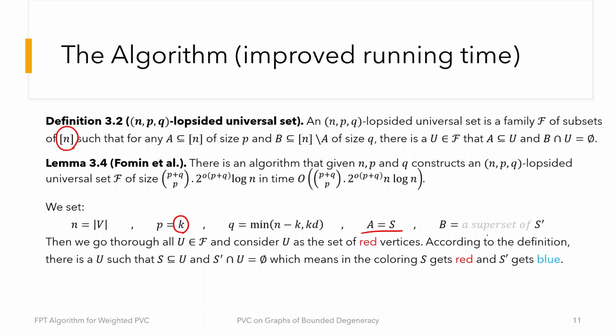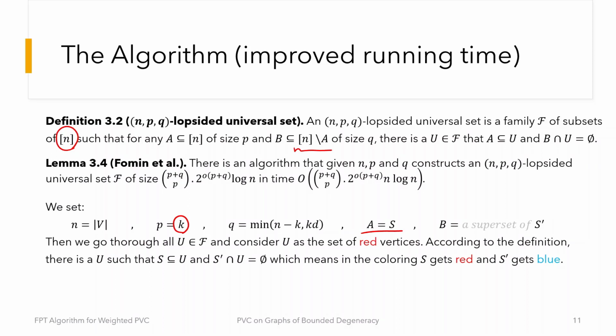So it's KD, the size of S prime, but KD could be more than N minus K, so minimum of KD and N minus K. Just note that the set should be a subset of V minus S, so the size of it can't be more than N minus K, and B is S prime itself, but because the size of it should be Q, a superset of S prime. And again, we go through all sets in the family F and we consider the set as a set of red vertices.